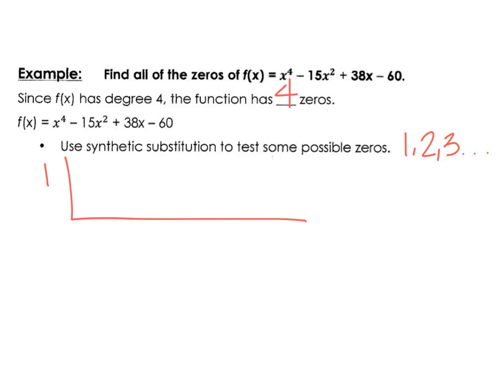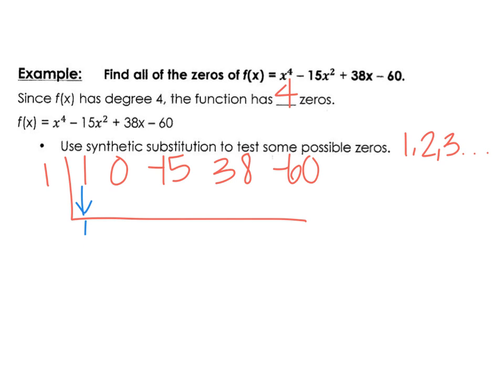So we list out all of our coefficients, 1, negative 15, 38. Oh, oops, can't forget that 0 in there. Hold on. We skipped over an x to the third, so we have to put a placeholder 0, negative 15, positive 38, negative 60.